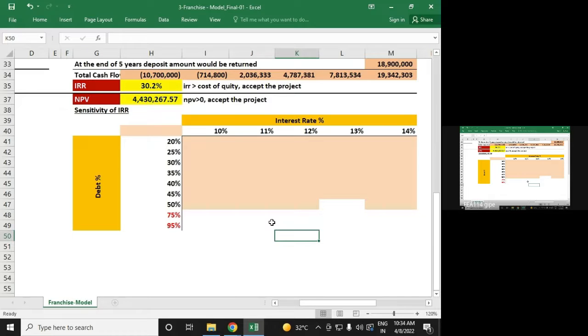Okay, and now we can push the data table here. So let's do it together, starting with what we want in the sensitivity analysis is IRR, and then we want to conclude कि ठीक है क्या, मतलब project feasible रहता है क्या under variable set of assumptions.